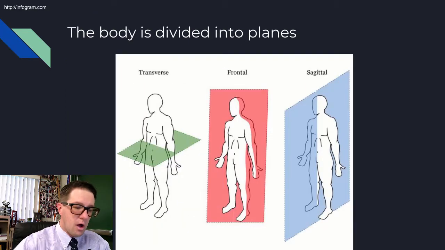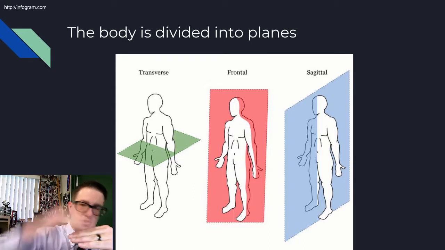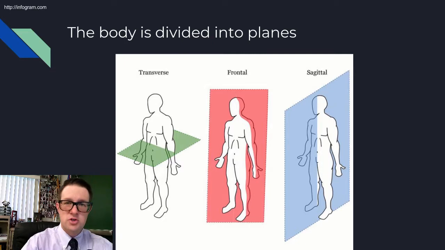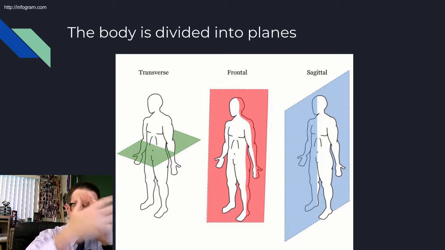Whenever we deal with the actions of muscles, they make reference to body planes. So we could take a person and split you up into imaginary planes. If I separate you into superior and inferior, we call that a transverse cut or a transverse plane. If I split you so that you have lefts and rights, we call that a sagittal cut.